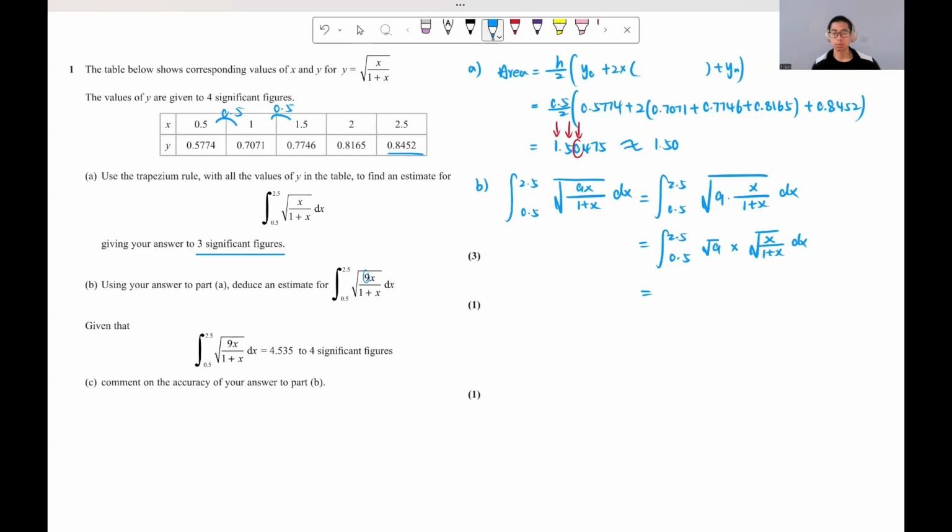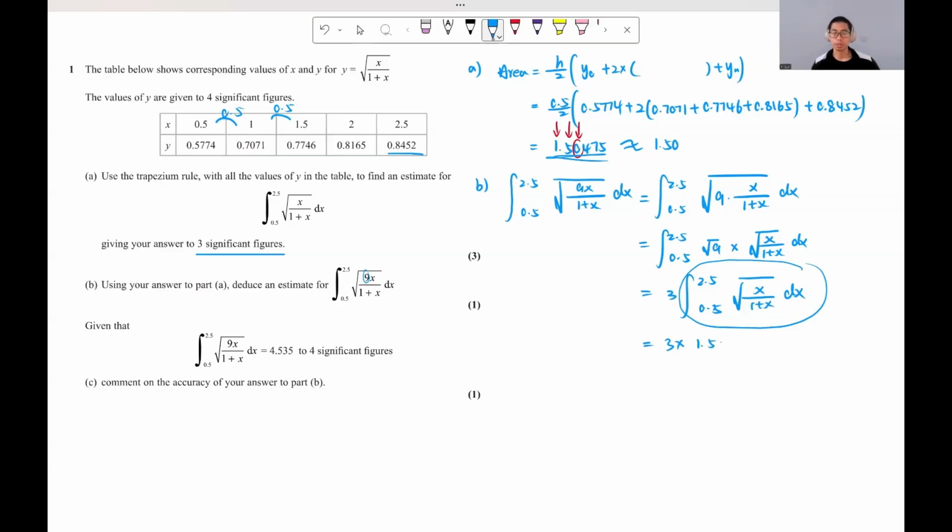Root 9 is just 3, so we can take 3 outside. That would be 3 lots of the integral between limits 2.5 and 0.5 of root x over 1 plus x dx. From before, we already know this whole thing is the same as 1.50475. Let's just use the unrounded value.